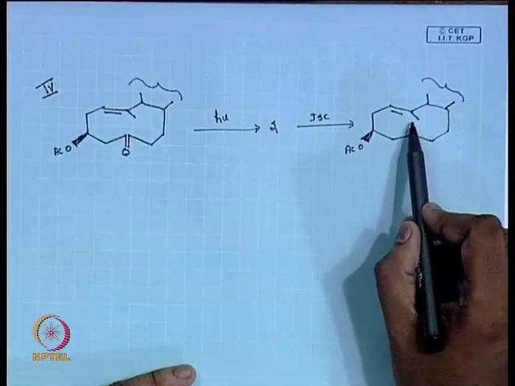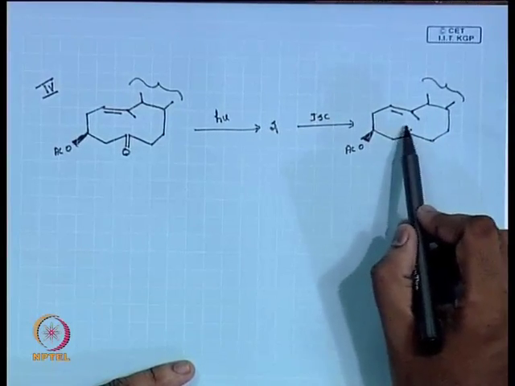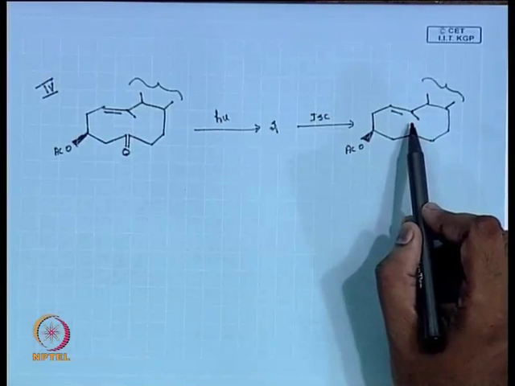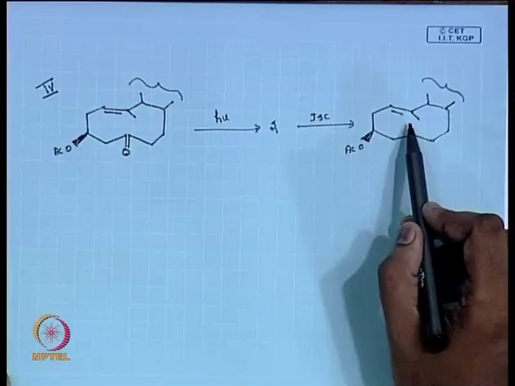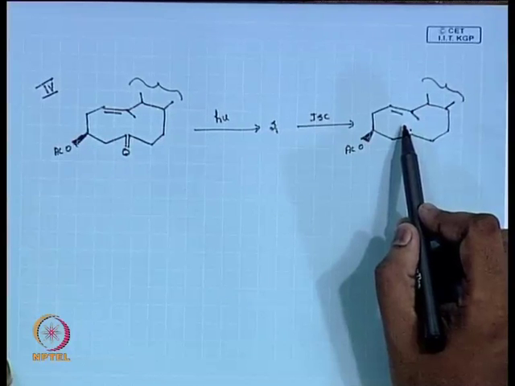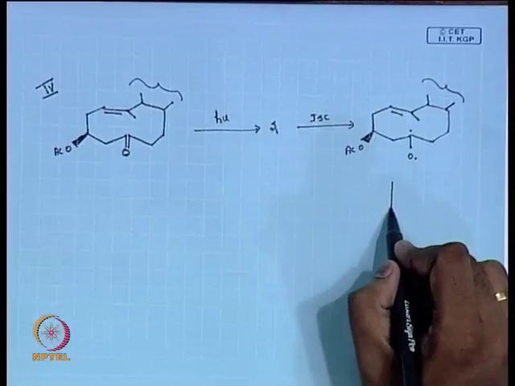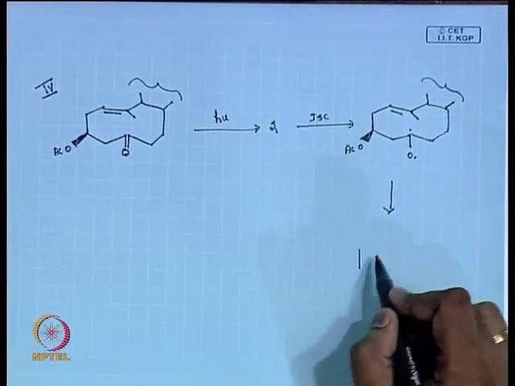We are pretty well sure now that it should be forming a 6 and 6 member ring. Fine. And this methyl should be at which position? When you have a 2 system, a cyclic system, that is why the formation of epoxy.